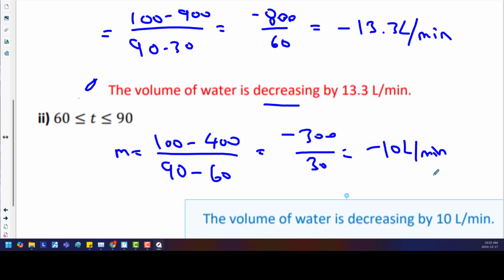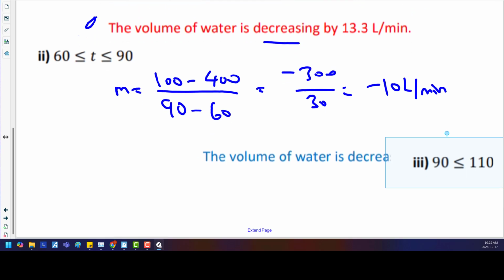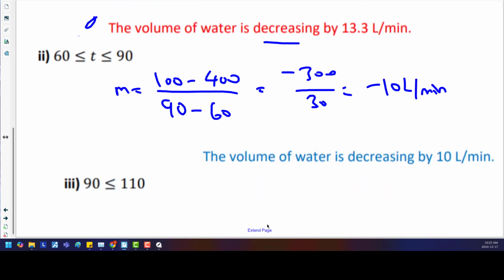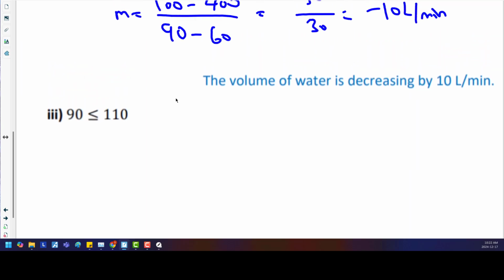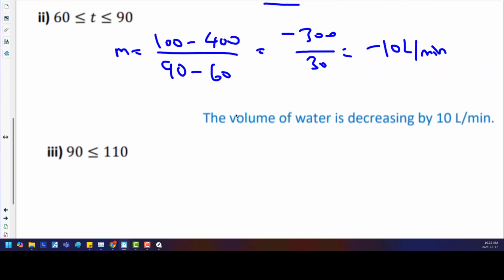So pretty straightforward. Getting the slope of a secant line is not difficult. It's really not. It's just knowing the intervals you're supposed to use, and figuring that out from the question. So once again, this is another interval between 90 and 110. I think they're just missing the T. I'm pretty sure it's supposed to be like this. So typo here.